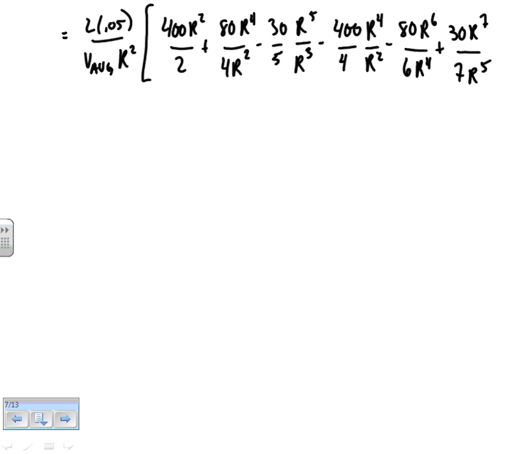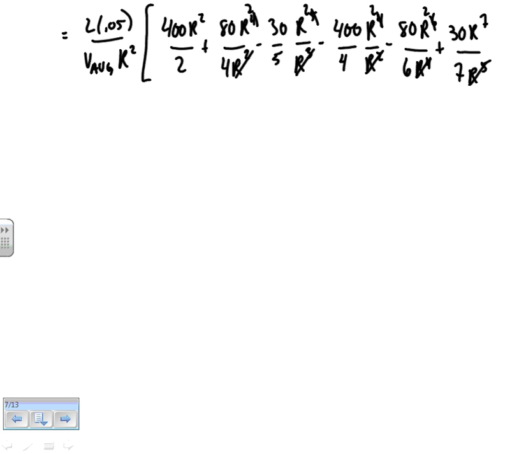So let's look at the second term here. There's a cap R to the 4 over cap R squared, so this is just going to leave me with cap R squared on top. And that's going to be the same for all the rest of the terms down here. The R cubed is going to leave an R squared on top. This R squared is going to leave an R squared on top. This R to the 4 is going to leave an R squared on top.